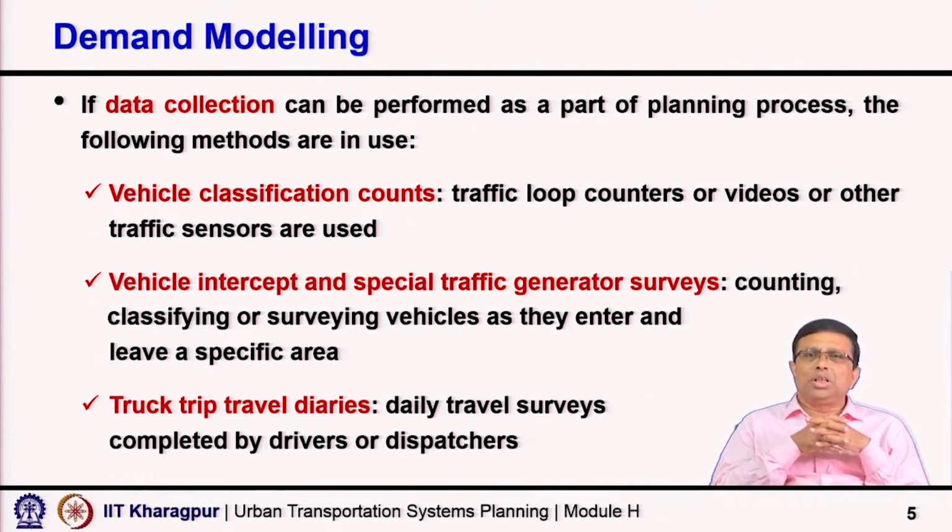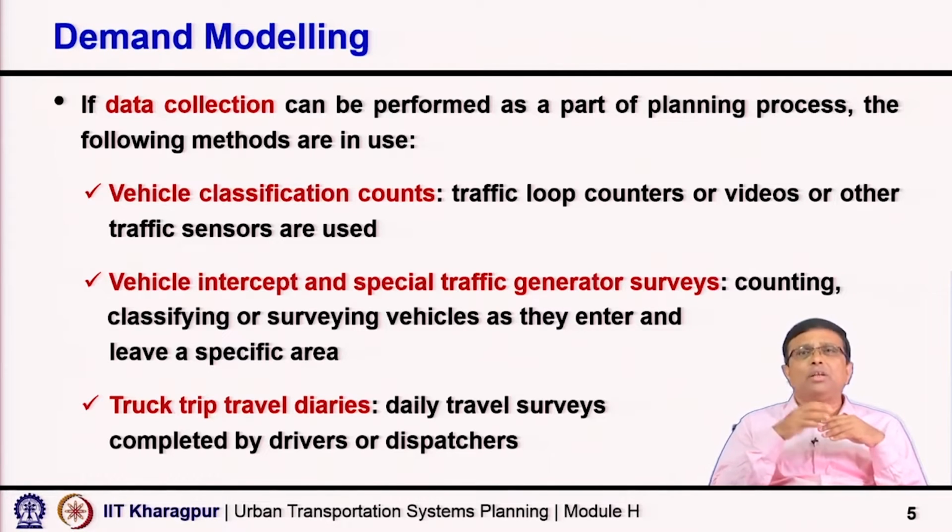We can use traffic loop counters, detectors, videographic techniques, or other kinds of traffic sensors to identify how many goods vehicles are traveling and what kind of configurations those vehicles have. So, we can do a classified vehicle volume count, and from that we can estimate how much freight movement is really happening.